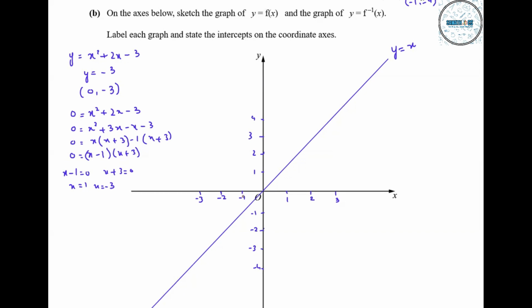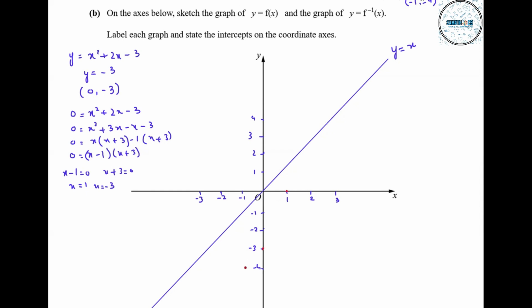So the turning point is at minus 1 comma minus 4 over here. Then at 0 comma minus 3, it is the y-intercept and the x-intercept is at 1.